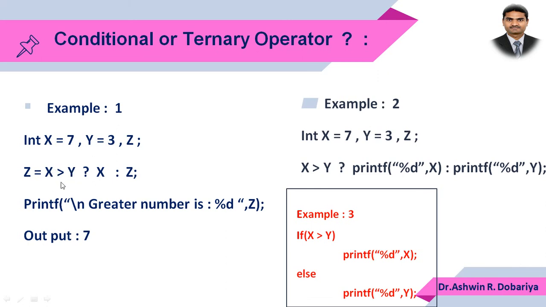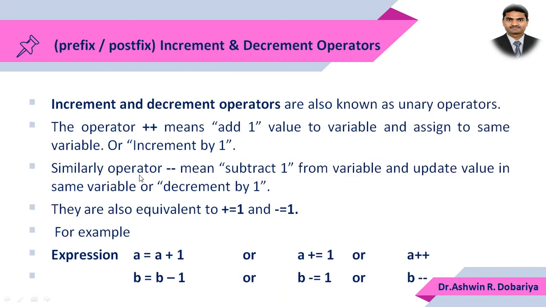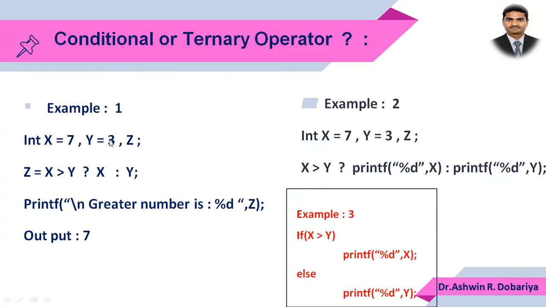If this condition becomes true as per these values, then it will return the part after the question mark, that is expression number 1. So it will return the value of x, and that value will be stored into z. If this condition becomes false, then it will return the last part, after the colon, y. Sorry, it's not a z, here it's a y. There is a mistake over here. So x is equal to 7, y is 3.